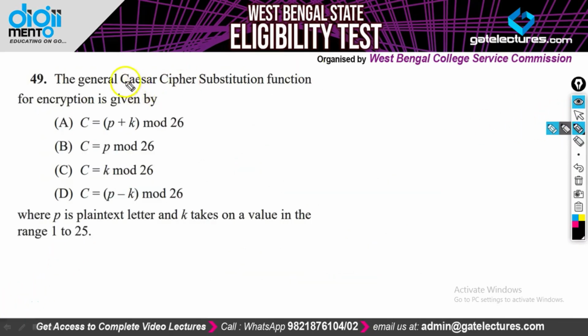So here we have a question from encryption. The question says the general Caesar cipher substitution function for encryption is given by, the 4 options are given, where P is plain text letter and K takes on a value in range from 1 to 25. So we know the Caesar cipher encryption method was the previous one. Caesar cipher substitution function was also known as shift cipher.